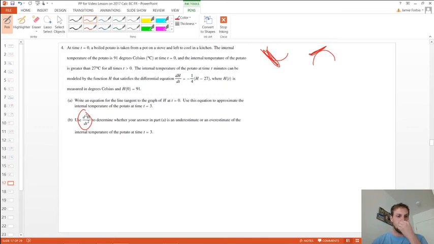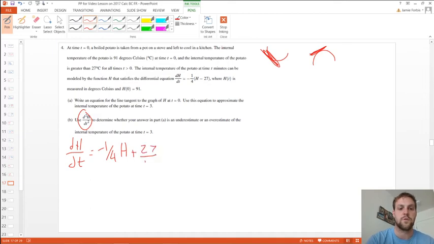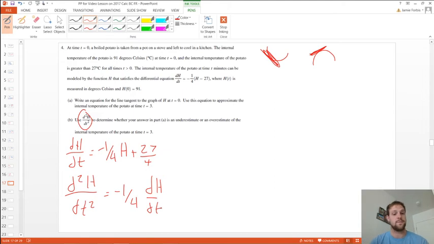That's it. So let's start by finding d2h over dt squared. Well, the first derivative is equal to negative 1/4 h plus 27 over 4. And if I take the derivative of that, it's going to be negative 1/4 dh over dt, and that's it, because the derivative of h is dh over dt.